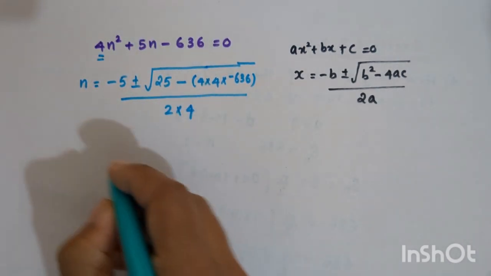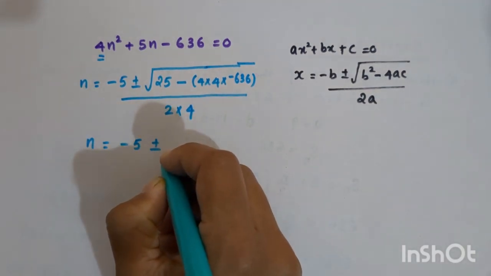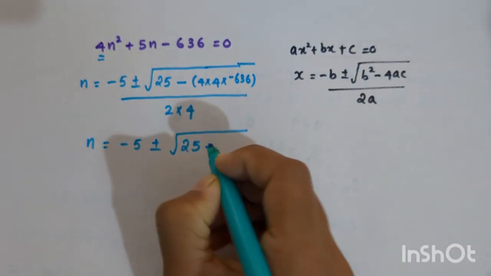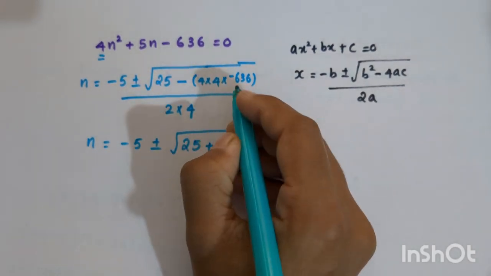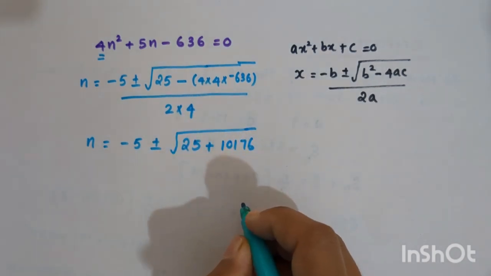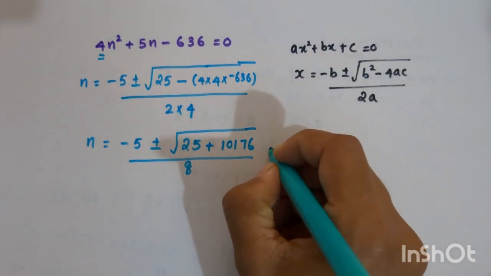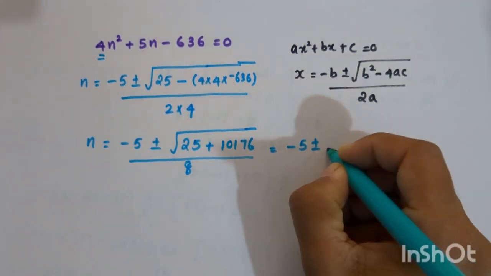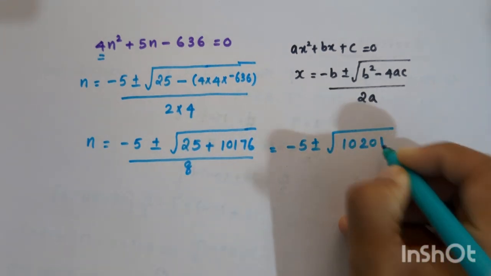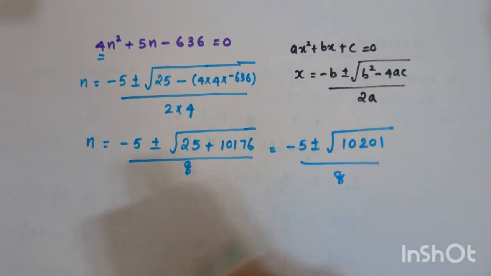So we can write n equals minus 5 plus or minus square root of 25 minus into minus plus. When you do this multiplication, you will get 10176, then all divided by 2 into 4, 8. So this will be equal to minus 5 plus or minus square root of 25 plus this value, which gives you 10201, then all divided by 8.